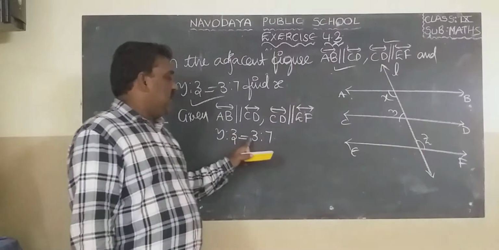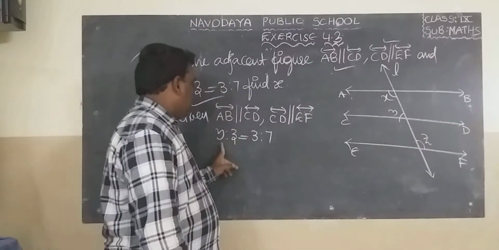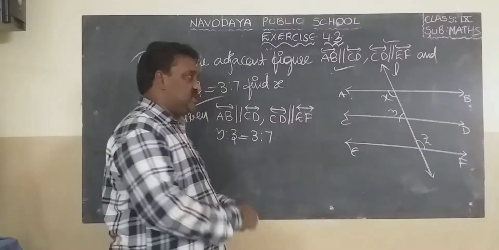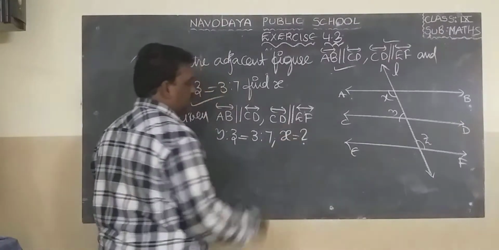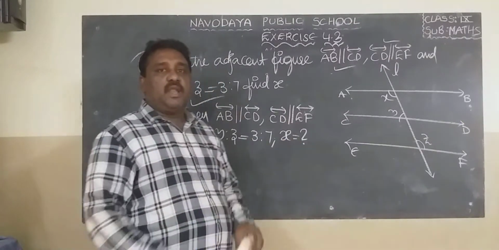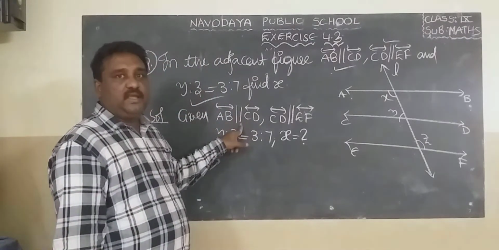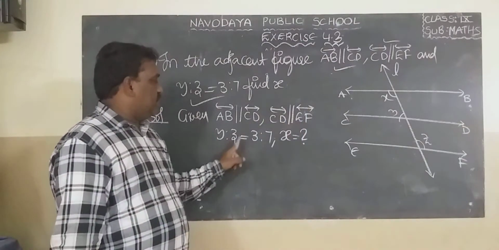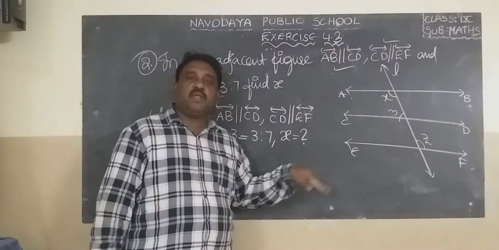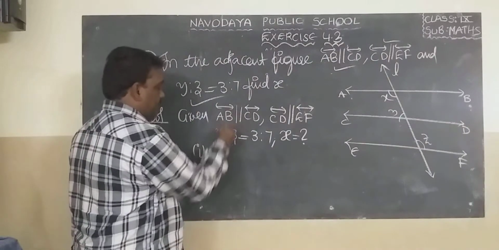Means y 3 parts, not 3 degrees. Y 3 parts, z 7 parts. What we need to find out? X value. So AB parallel to CD, CD parallel to EF, y is to z equal to 3 is to 7. Find out x value.